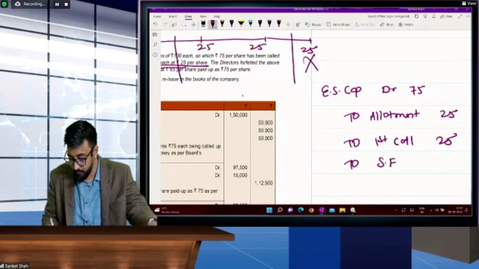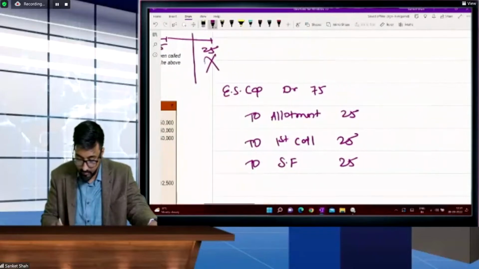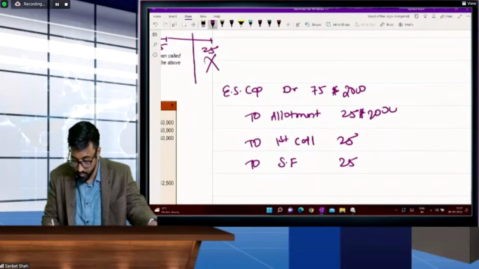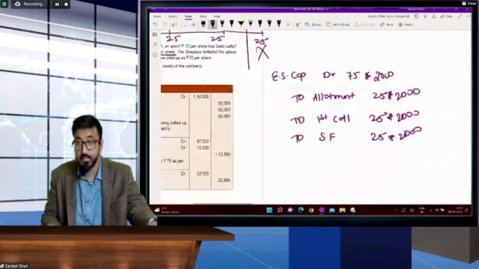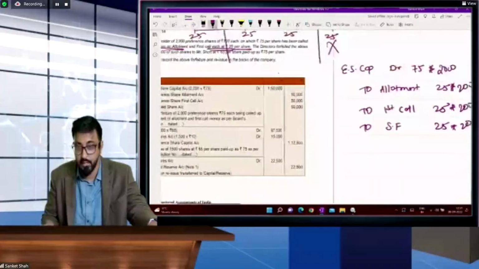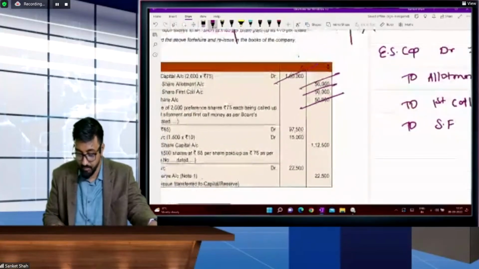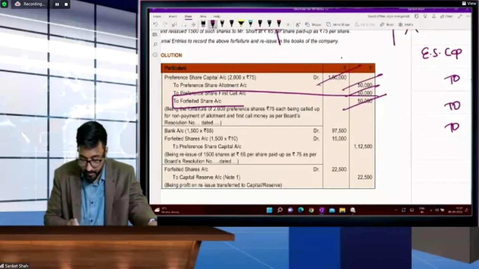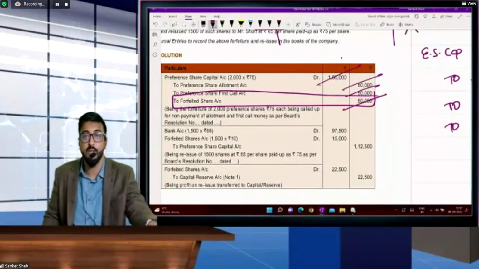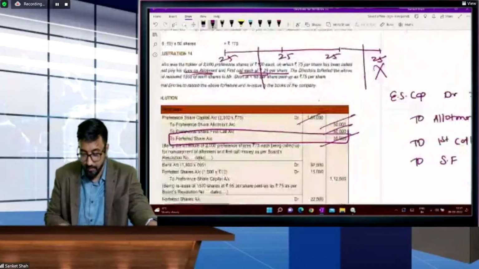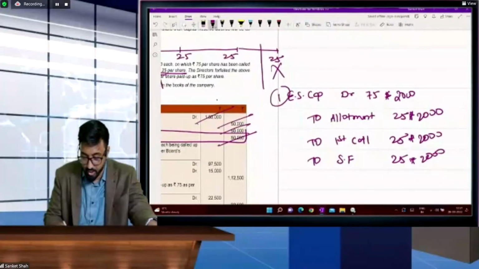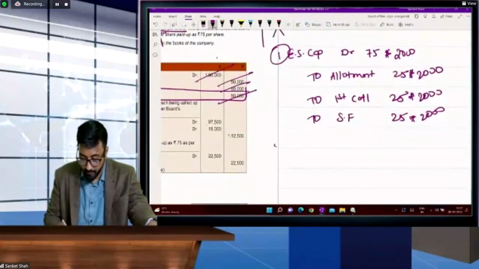And to shares forfeited 25. 2000 into 75, you are getting the answer 1,50,000. Now balance in shares forfeited is 50,000. You can write this.